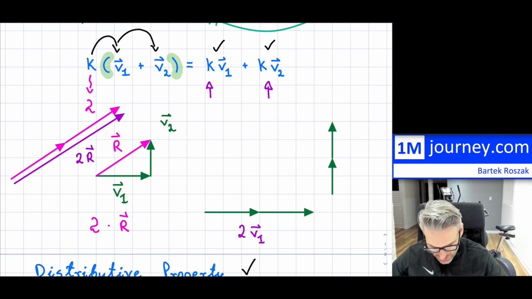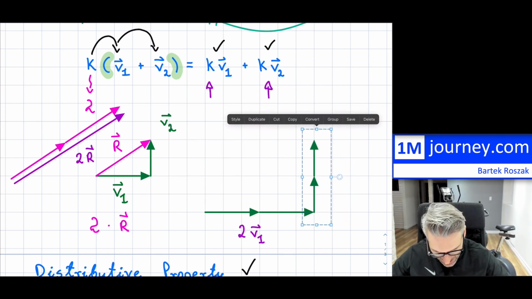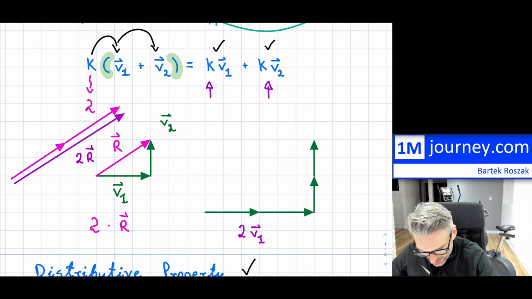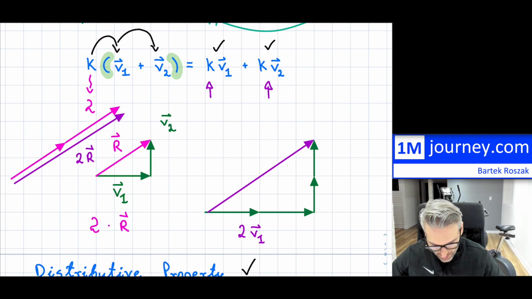So now notice, if I'm going to be adding them together, visually, here's my resultant vector right there. I have to go all the way. Let me put the arrow there as well. So there it is, and that's my resultant vector. And this was 2 times v2.